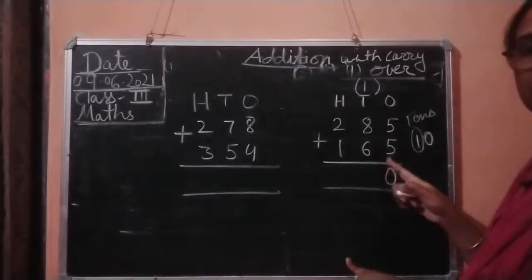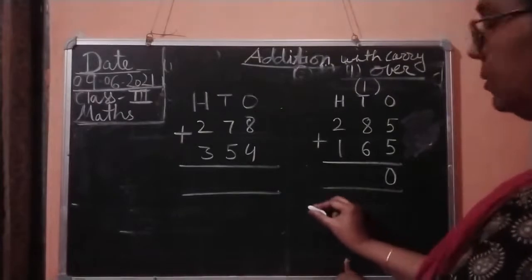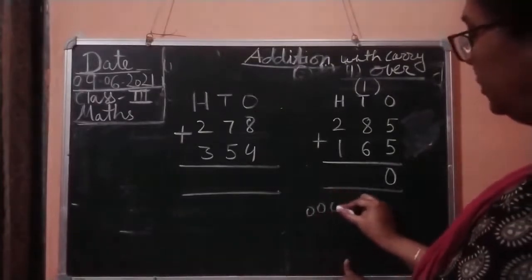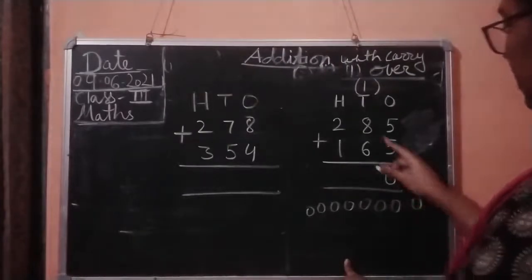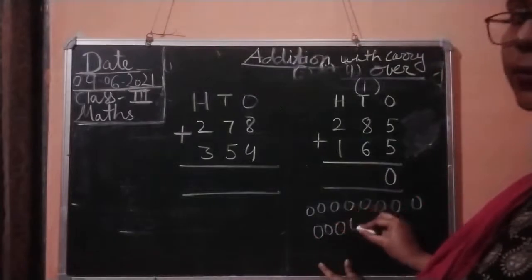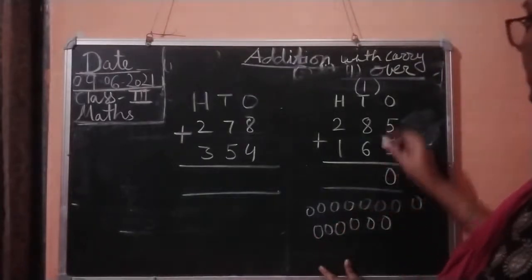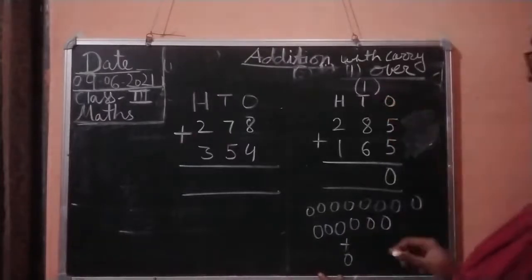Let's count 8 and 6. So first of all, 1, 2, 3, 4, 5, 6, 7, 8. Okay, then 6. 1, 2, 3, 4, 5, 6 plus 1, because this is carryover.